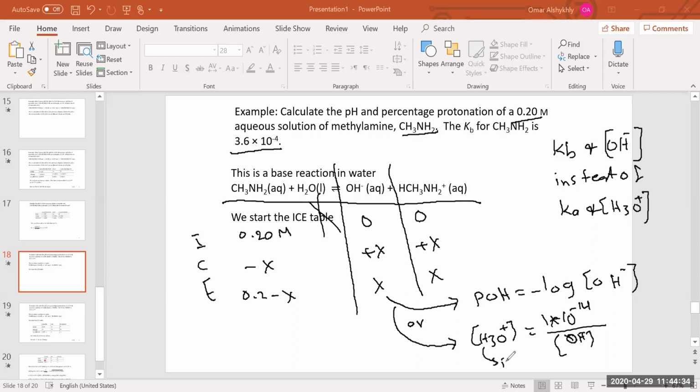Then we will calculate the pH. Anyway, first of all, we need to find the X. K equilibrium will equal X squared divided by 0.2 minus X. Now the K equilibrium is 3.6 times 10 to negative 4.